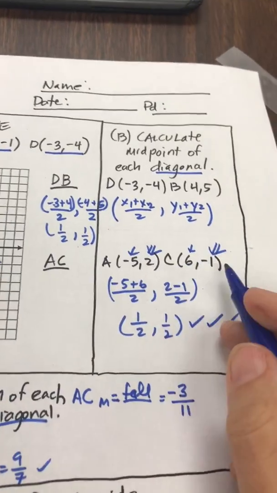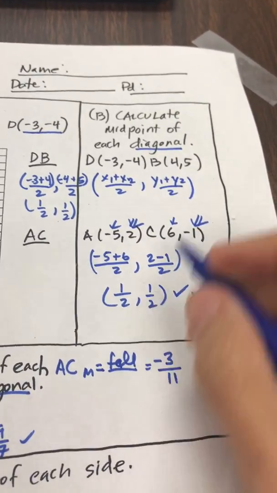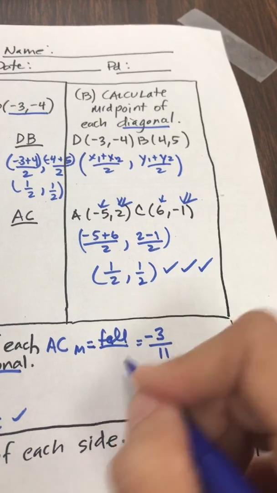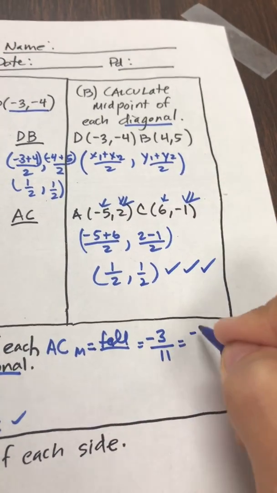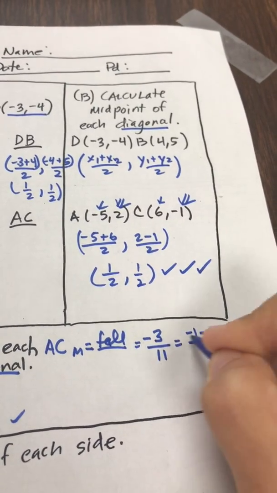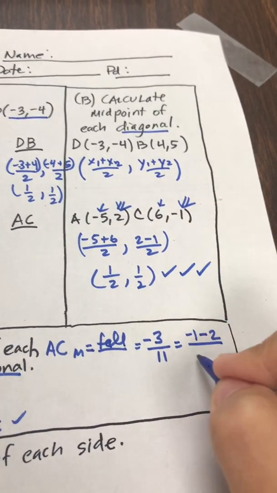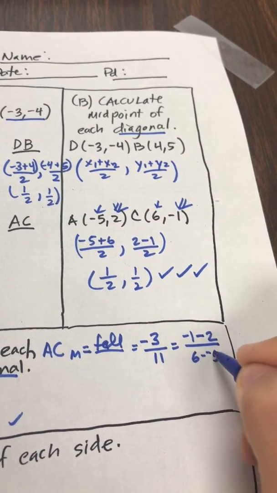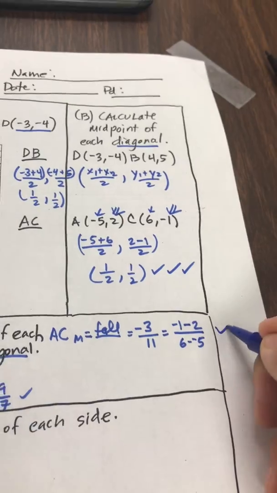Okay, I can confirm that with my math. I subtract the two y values. So negative 1 minus 2, that's definitely negative 3. 6 minus a negative 5, that's definitely positive 11. So I've double checked that.